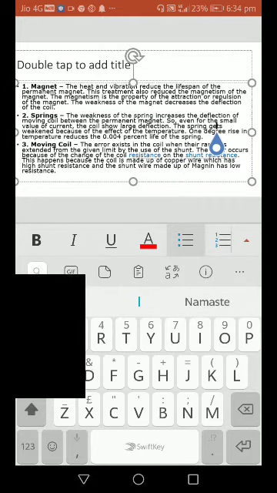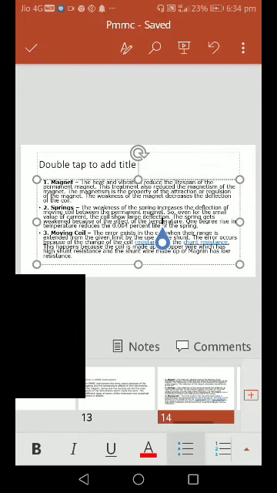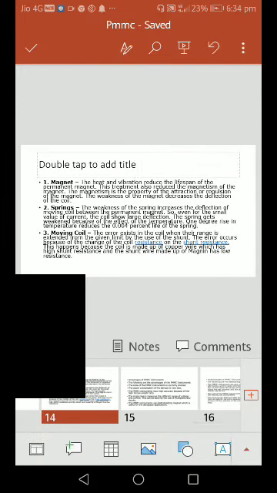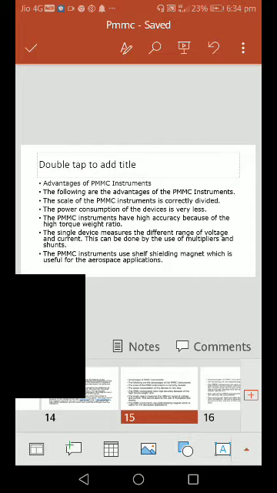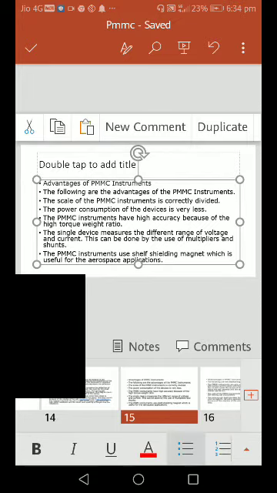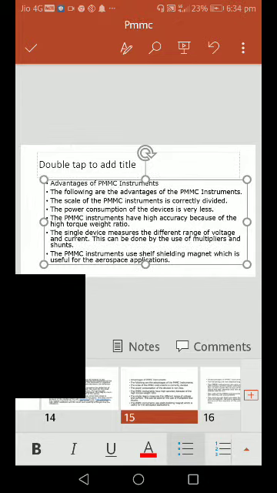Next slide is advantages of PMMC. The following are the advantages of the PMMC instrument: the scale of the PMMC instrument is equally and uniformly divided, and the power consumption of the device is very low.